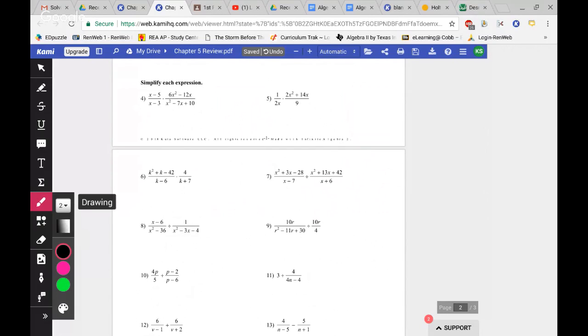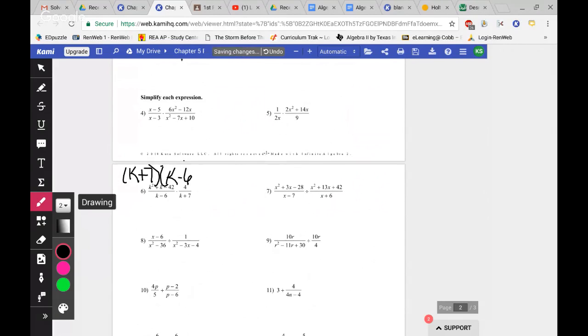So what you're going to want to do is factor first. Always factor whenever you can. Factor, factor, factor. So k squared plus k minus 42 should break down to k plus 7 times k minus 6 at the top there.